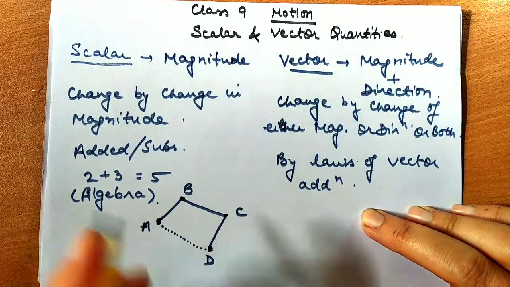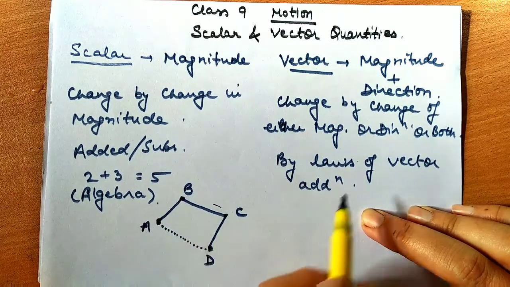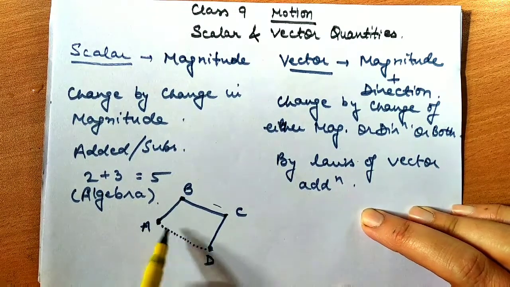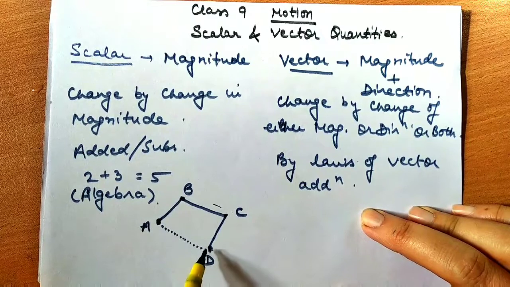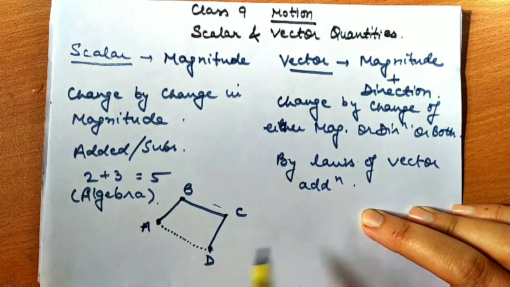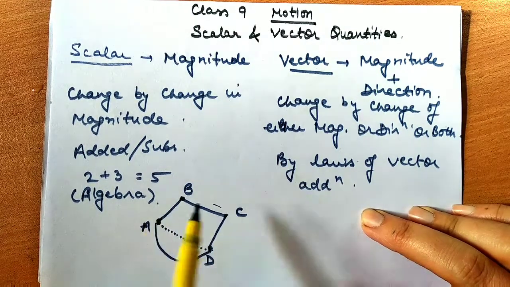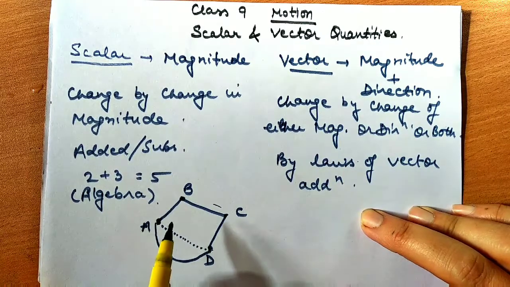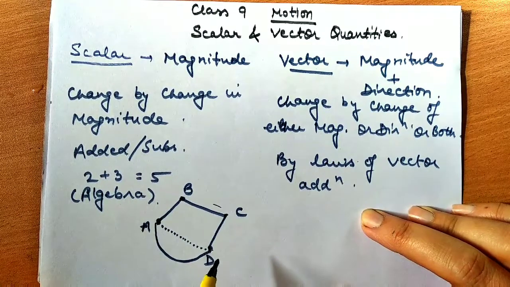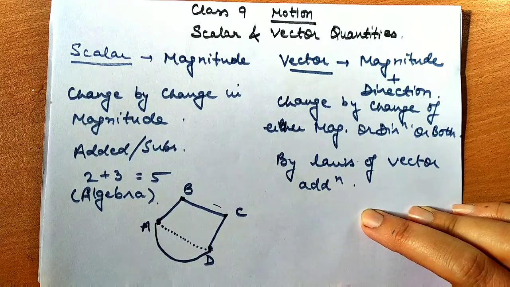Distance gives complete information of the route or path which a body follows, whereas displacement does not give any complete information. Moving from A to D is displacement, whatever path it follows. If I come this way or directly this way, displacement does not tell us any information about the path covered by the body.